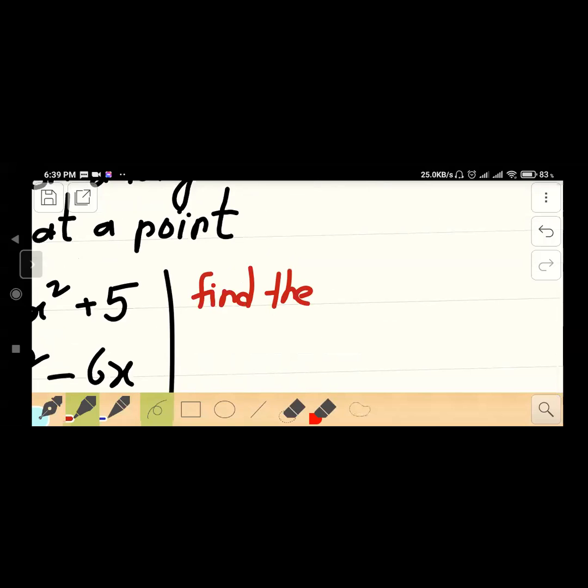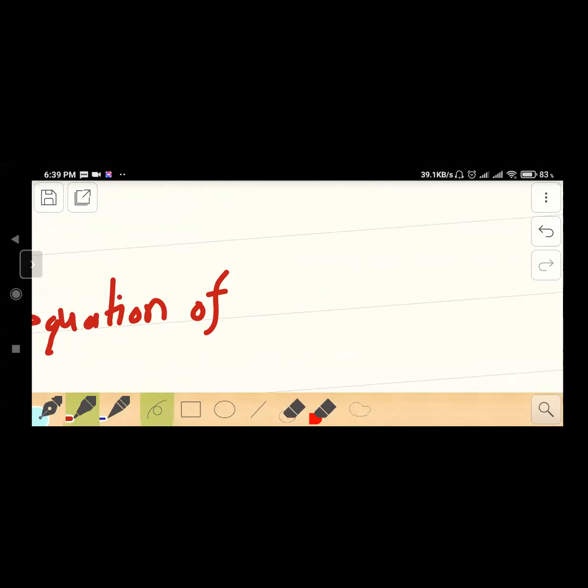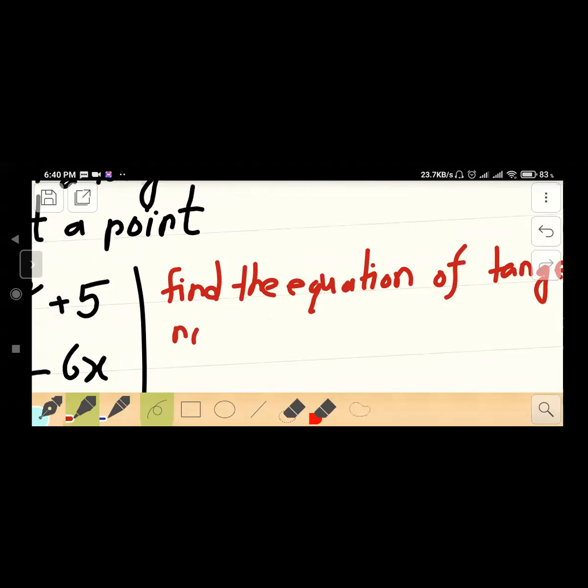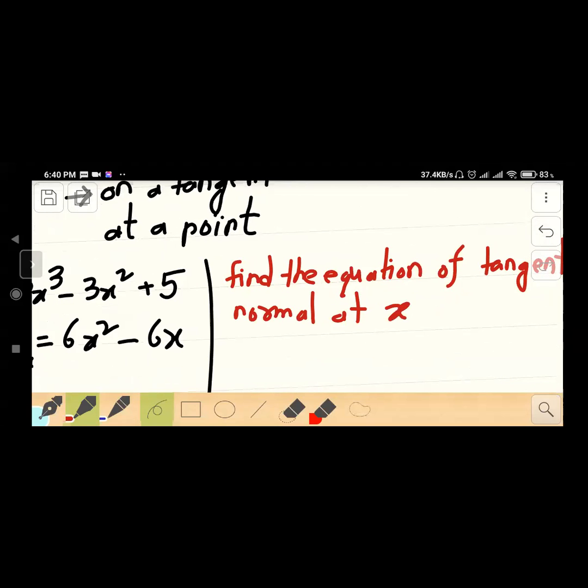Find the equation of tangent and normal at x is equal to 2.